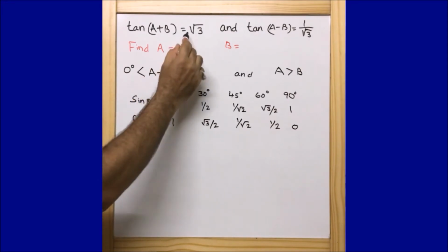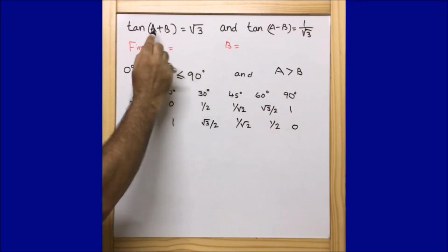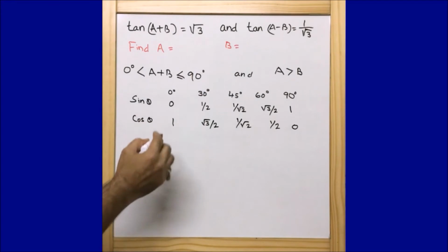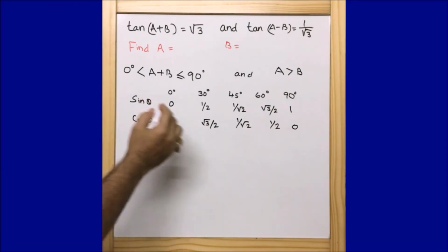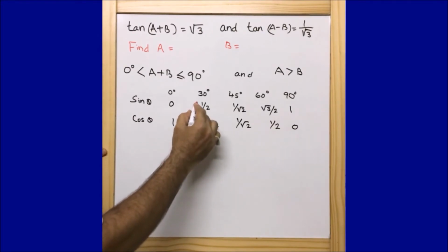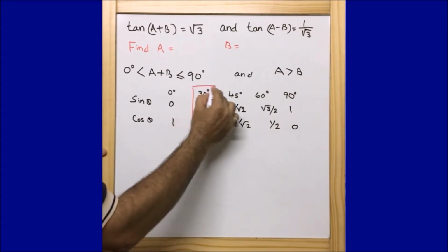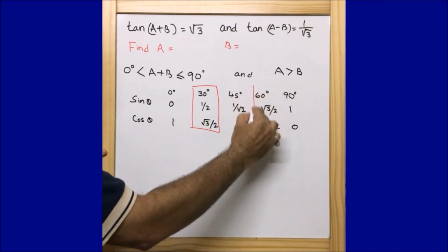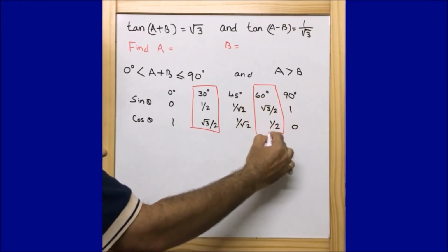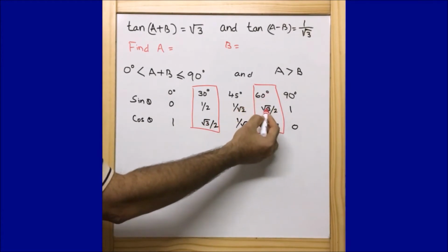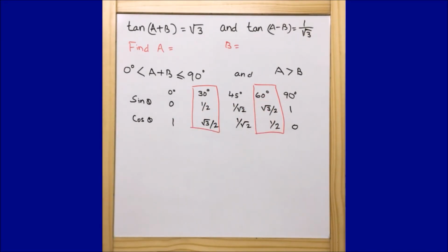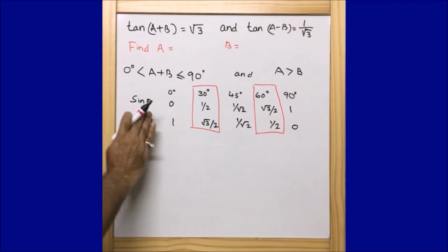So guys, here they have given root 3 and 1 by root 3. For that purpose we need to focus our attention on these two things, because you can see that in 30 degree we have a root 3, and in 60 degree also we have a root 3 in place. Now let us omit all other things.